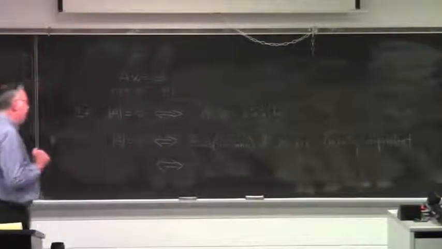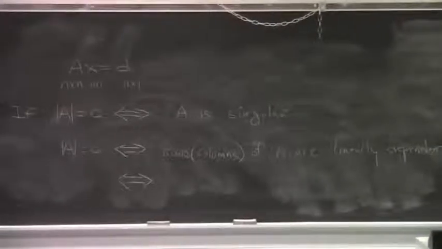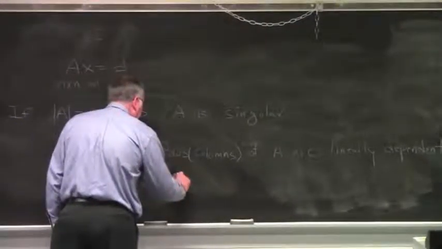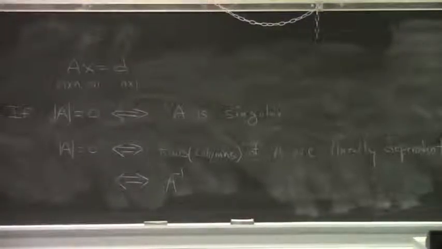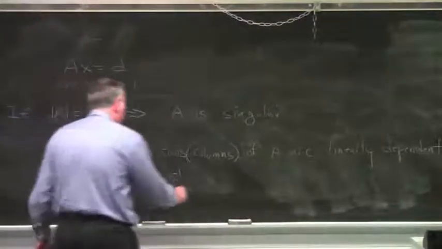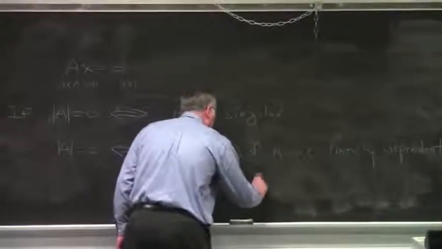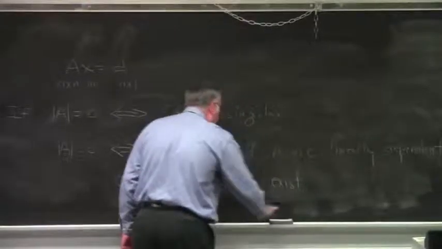Okay. We can also say this. If the determinant of A is 0, then what about matrix A? What can we say about A inverse in this case? Does not exist. And then one final statement.